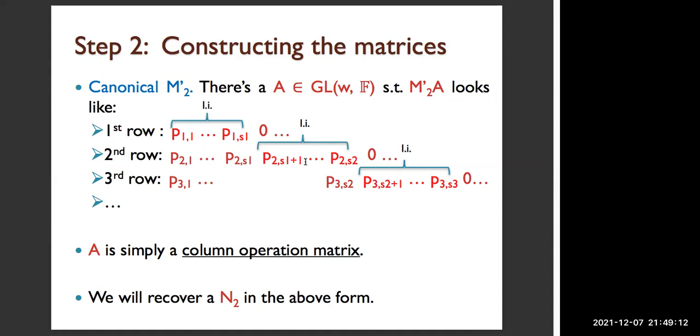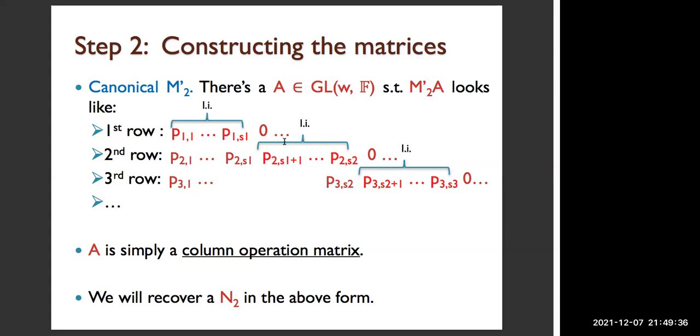They are not unique, because I can always multiply invertible matrices and garble up the P's. And these, for example, P21 to P2S1 that you see, even they are not unique. Why? Because you can always take any linear combinations of the red P's here and add it up with a P here.